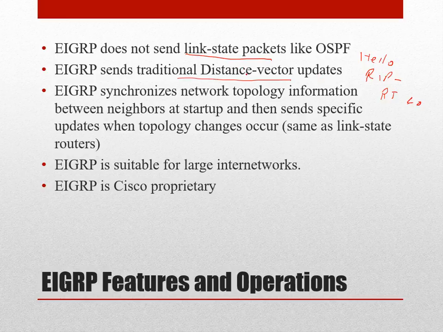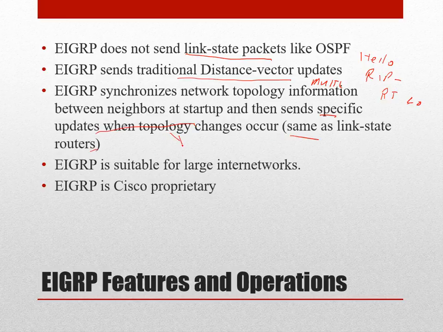Once EIGRP gets stable and has all of the routing information its neighbors have, it only sends changes, so a lot less information goes out. It also uses multicast, whereas RIP used broadcast. It synchronizes the network topology information between the neighbors at startup and then sends specific updates when the topology changes, same as the link state routers.